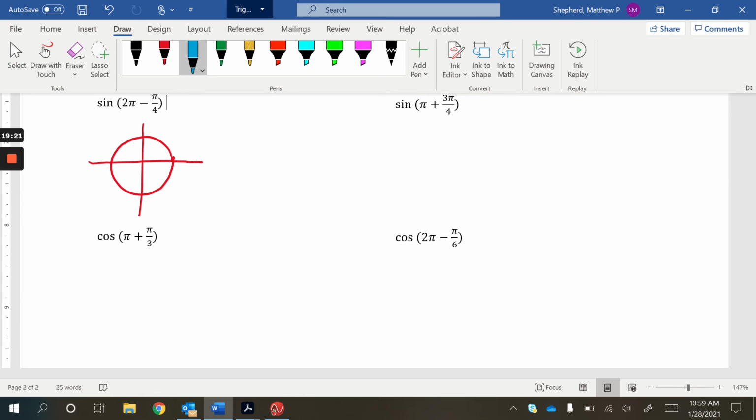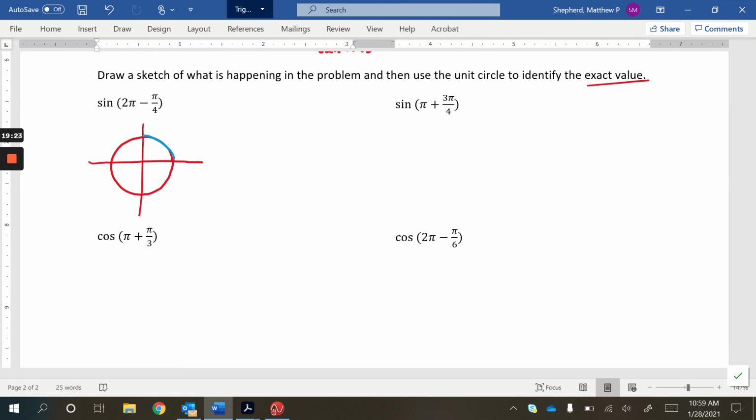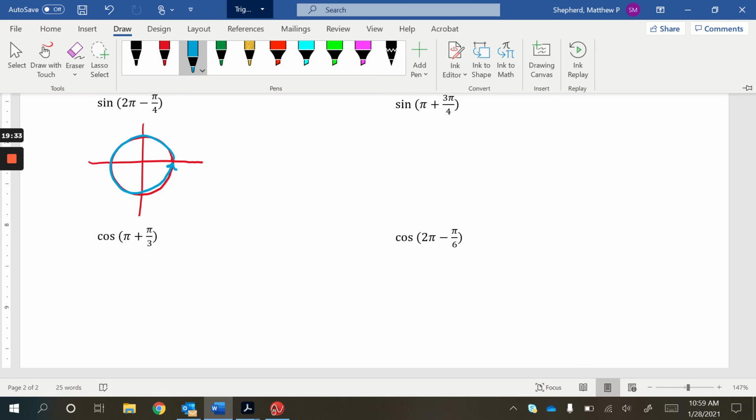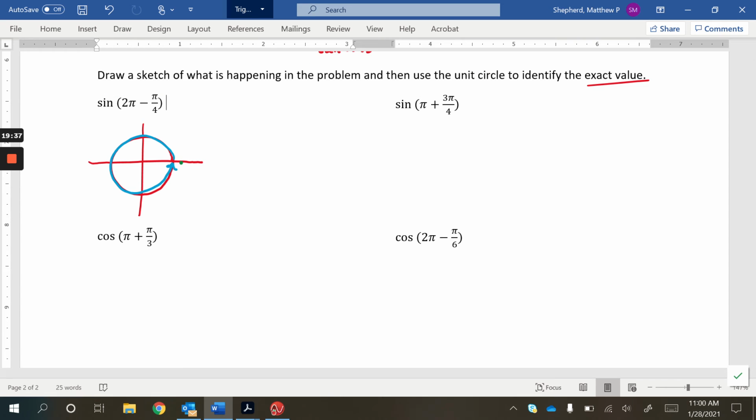To do 2 pi, that meant I went all the way around the circle. Now, that would have been 2 pi, but notice it's now minusing a pi fourths. Because it's minusing the pi fourths, I'm going to start right where I ended, and I'm going to go back the distance of a pi fourth.